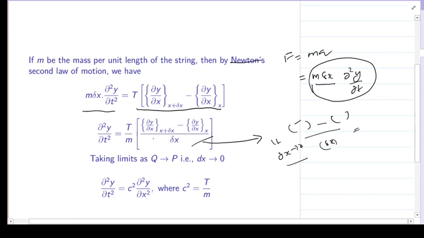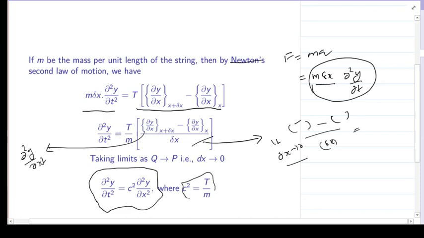So this we can take as the second derivative, dou square y by dou x square. Comparing these two, dou square y by dou t square is equal to c square into dou square y by dou x square, where c square is capital T by m. So this is the one-dimensional wave equation.